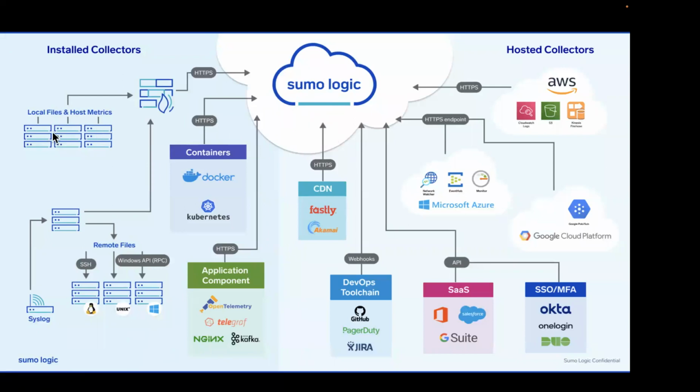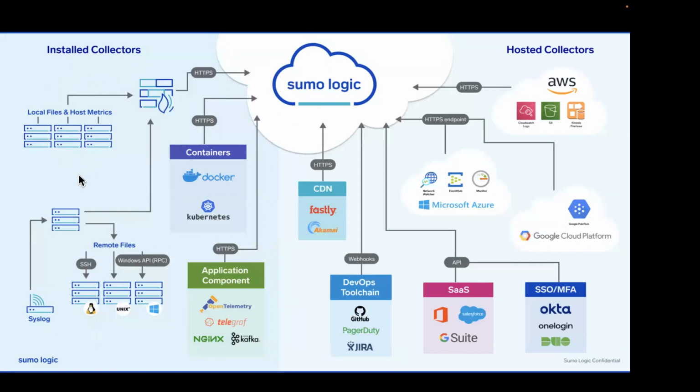okay? Now, let's imagine you had an on-prem system, okay? Here, you're doing a distributed installation where you're installing a collector on each machine, okay? That is going to compress, encrypt, and send your logs and metrics through the firewall up into the Sumo Logic environment. This is a distributed approach of installed collectors when you have an on-prem environment.